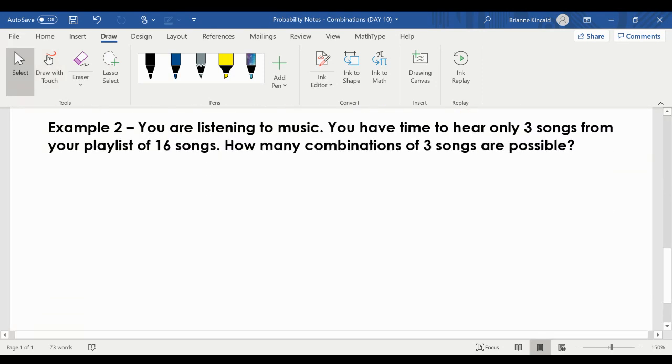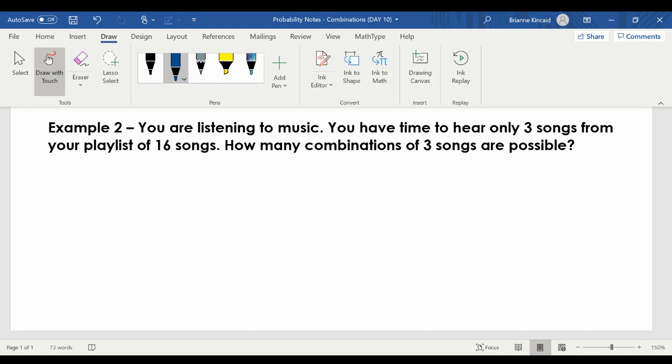The second example, you are listening to music. You have time to hear only 3 songs from your playlist of 16 songs. How many combinations of 3 songs are possible? It doesn't matter which order you hear the songs in, so this would be a combination. So I have a total of 16, and I am choosing 3.